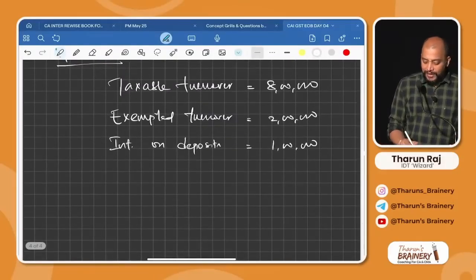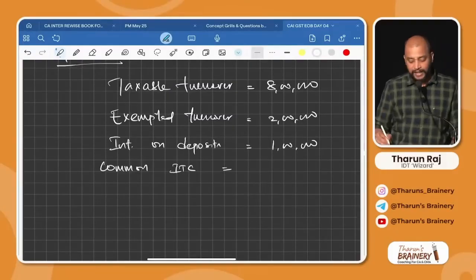Now the common ITC, which means used for everything, is 1,20,000.